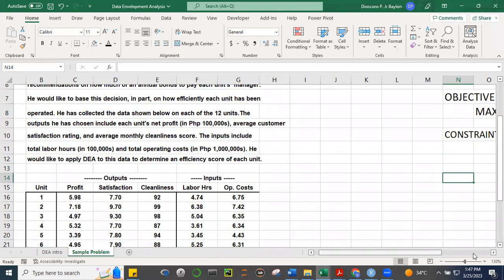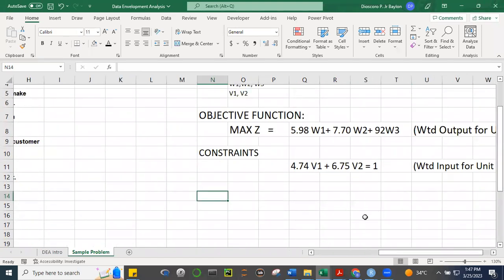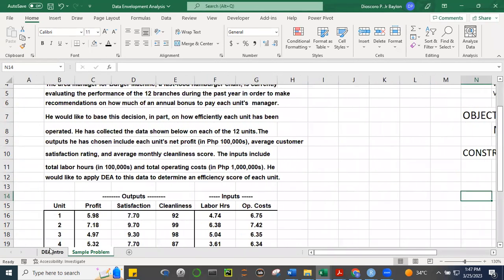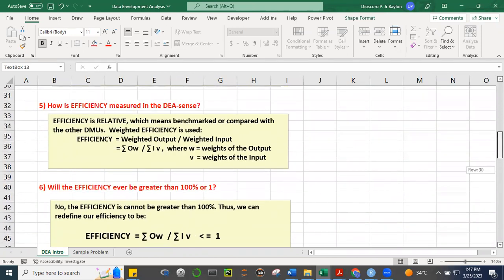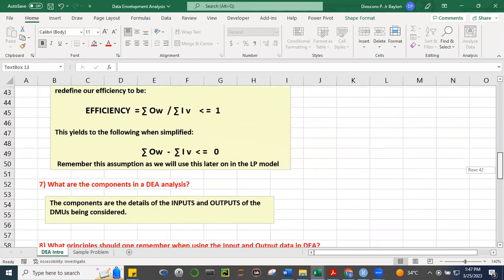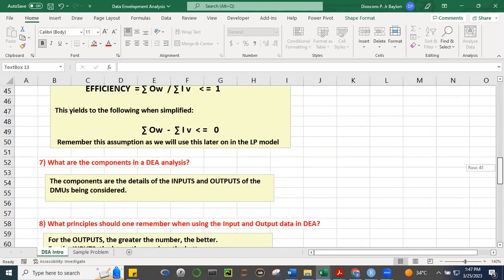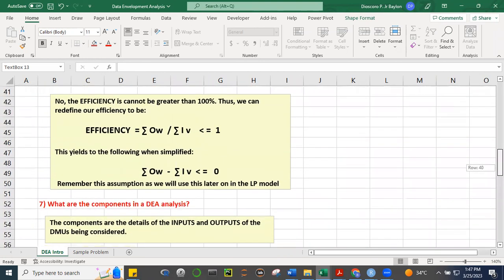Therefore there should be 24 constraints. Why? Sir, one is for the weighted input, and the other is the weighted output minus weighted input. Yes, so 12 times 2. Why 12 times 2? Because, sir, there are two constraints that we divided, right? The one below, sir, has 2 parts.